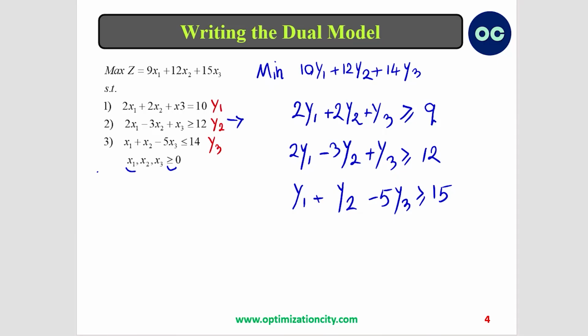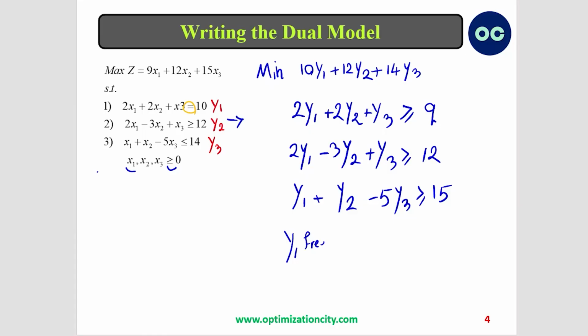Additionally, we must analyze the characteristic of the constraints. The first constraint in the original model is in equality form, meaning the dual variable associated with it is unrestricted in sign. So y1 is free in sign.